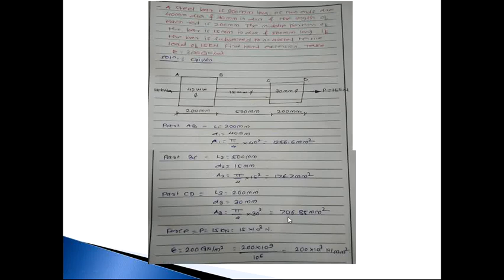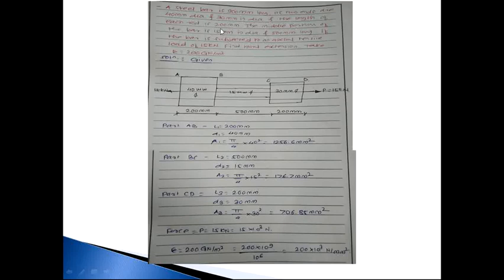So next problem. In the last problem we discussed only a uniform cross section of the rod. Now we see different cross sections and different lengths of the rod. So let us take a new problem. A steel bar is 900 mm long. Its two ends are 40 mm diameter and 30 mm diameter, and the length of each is 200 mm.